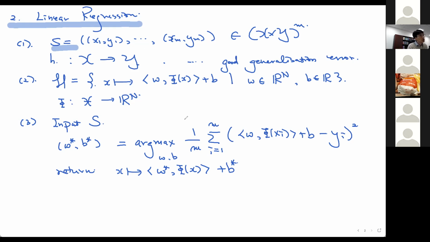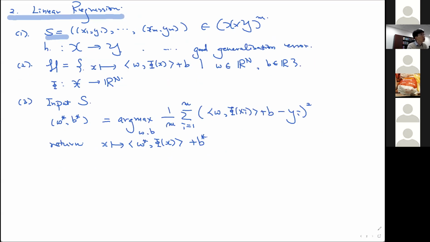Using the terminology that I explained to you before, what's going on is that this linear regression algorithm is using the following loss function. This term here really comes from the empirical risk, the empirical error with respect to the hypothesis, which is phi of x plus b.